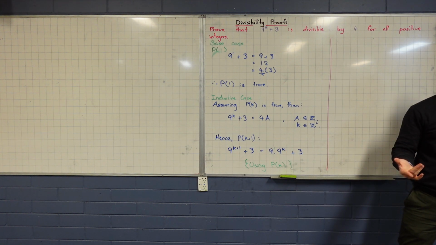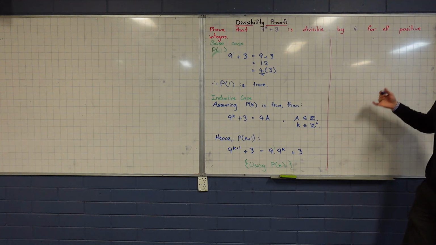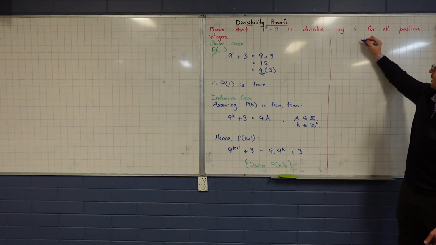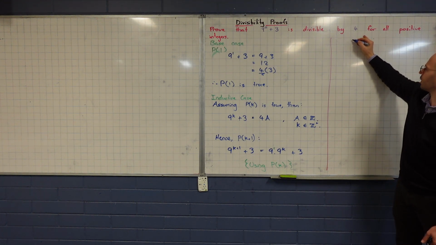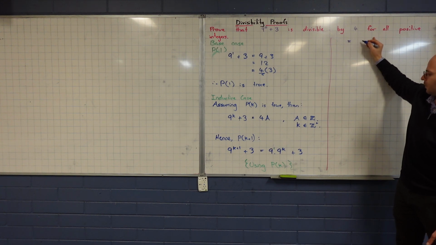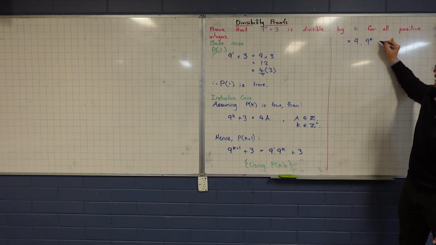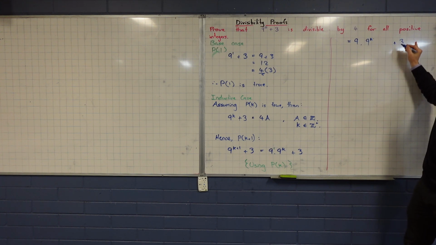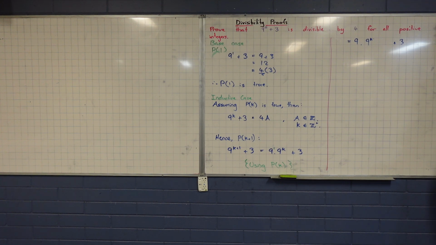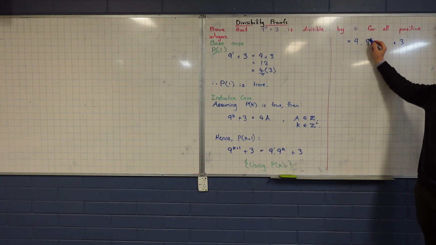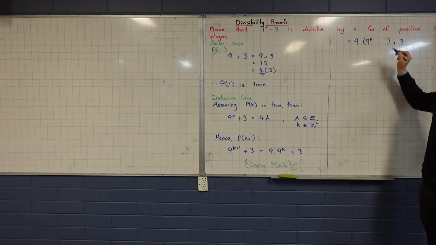We can't really get around that yet. So what we can do is substitute it in such a way that it goes 9, and I'll put it here for now, 9^k, and I'll save some space, plus 3. Next step, I'm going to put in some brackets.